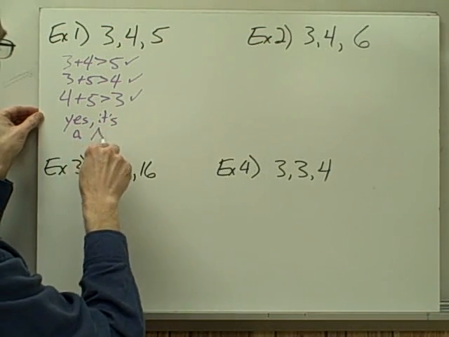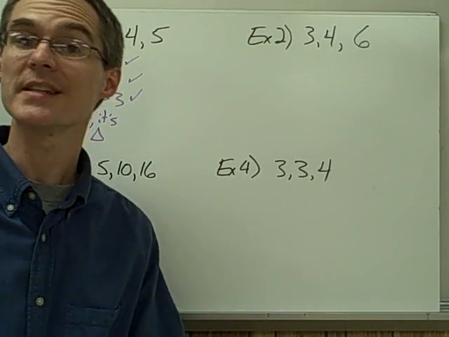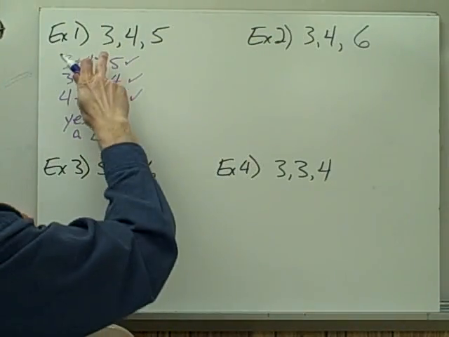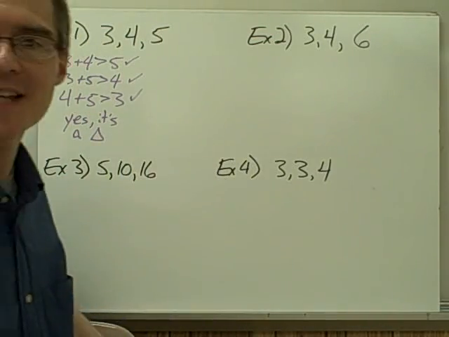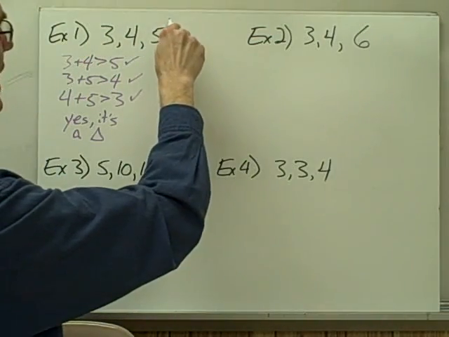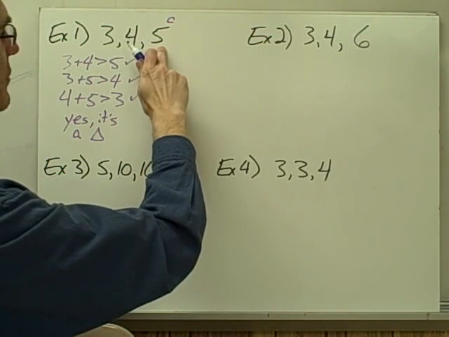Now we want to know, is it a right triangle or not? Well, in order to do that, first we're going to have to determine which one of these is going to be our longest side, because that matters. Obviously 5 is our longest side, so this is going to be side c right here.